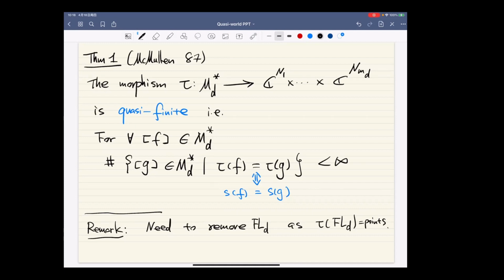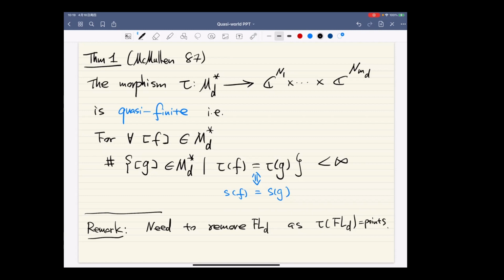A remark is that here we need to use M_D star, not M_D. We need to remove the flexible Lattès locus, because in the flexible Lattès locus, the map is always multiplication by n, so on the elliptic curve the multipliers are the same. For every element in this family, they have the same multipliers.